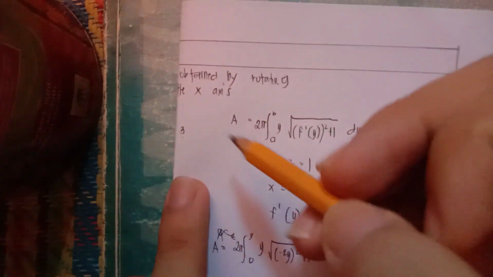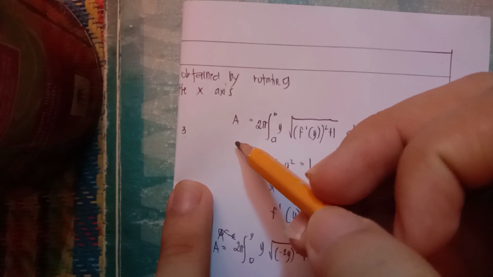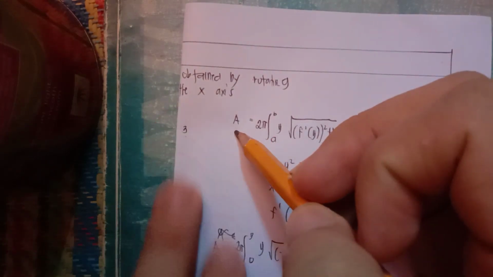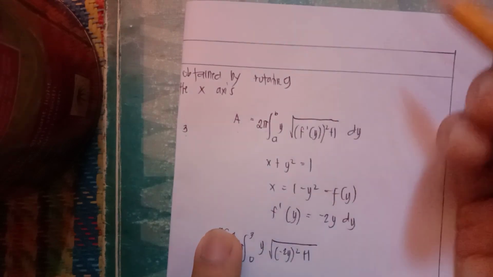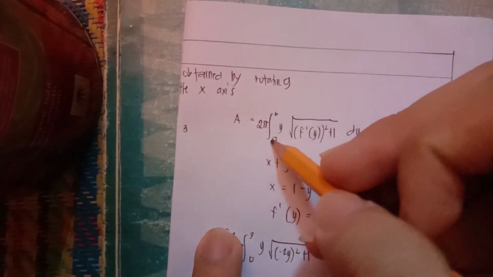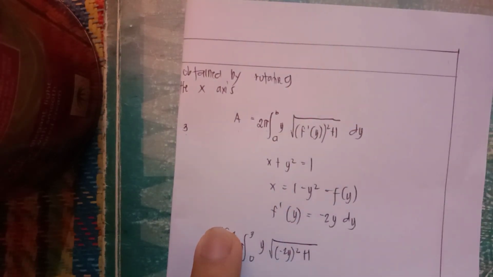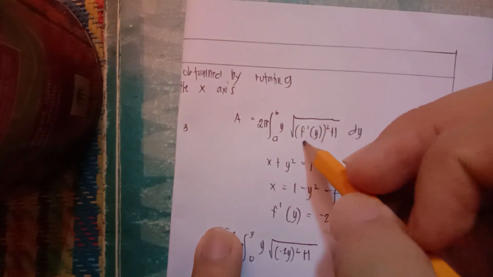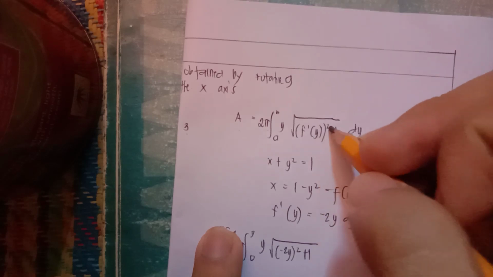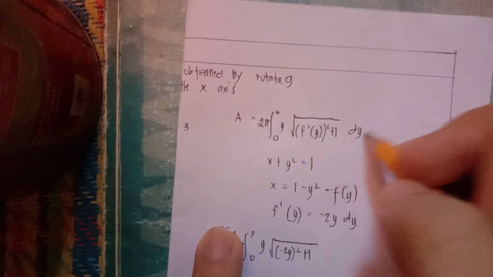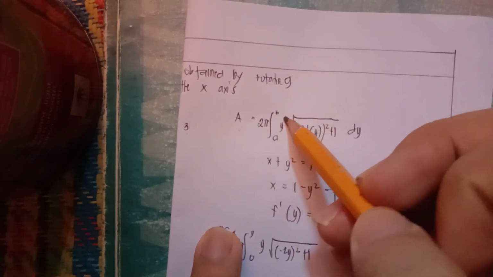Then the formula for surface area is 2 pi times the integral of y times the square root of f prime of y squared plus 1 dy from a to b.